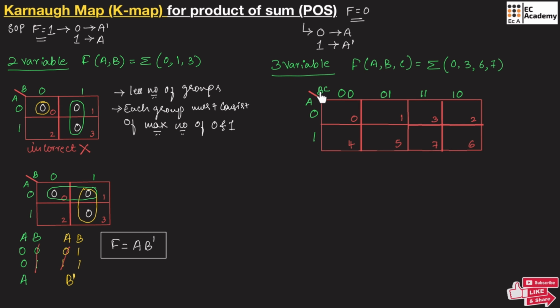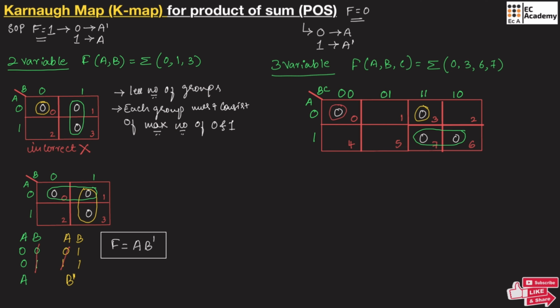Now we need to write 0 for 0, 3, 6 and 7. So let us write 0 for 0, 3, 6 and 7. Now we might group like this: group these two zeros and do individual grouping for these zeros.